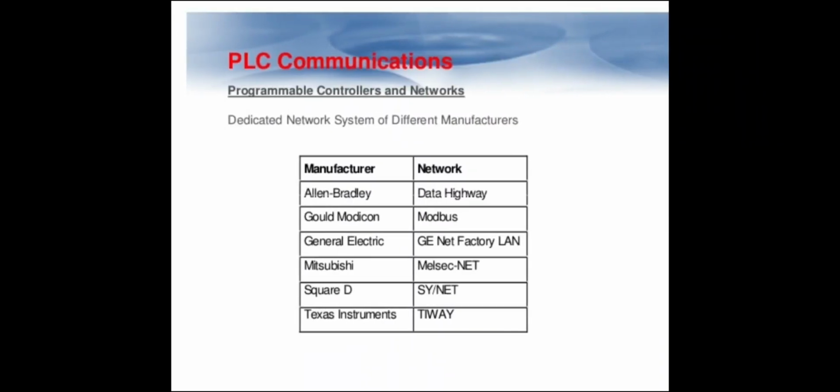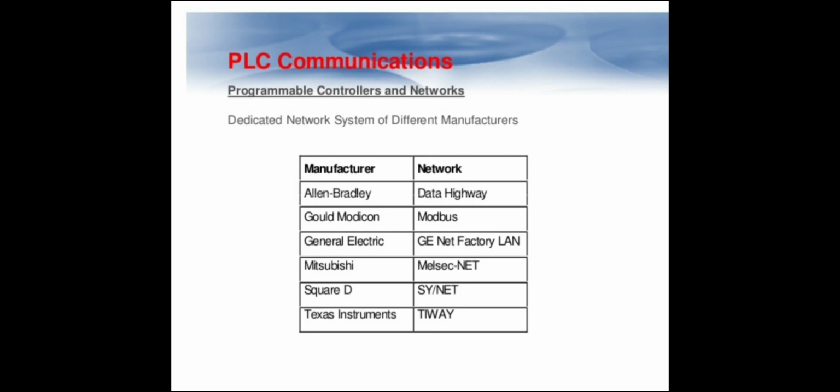So here are some PLCs, programmable controllers and their networks. Dedicated network systems of different manufacturers are given. For Allen Bradley type PLC, the Data Highway network is used. For Gould Modicon, the Modbus network is used. For General Electric, the GE Net Factory LAN is used.